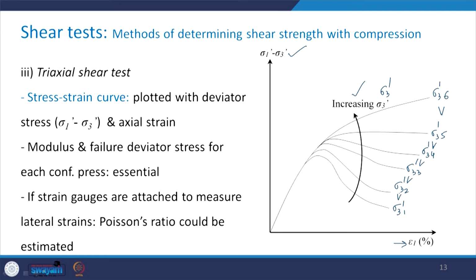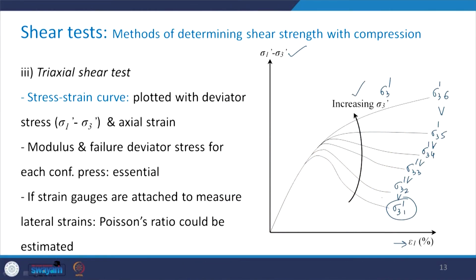So, what do we mean? When we have a smaller value of this confining pressure, you see that at the low values of the strain it just goes straight and then it achieves a peak, and there is a sudden drop in the strength characteristic, that is sigma 1 minus sigma 3.